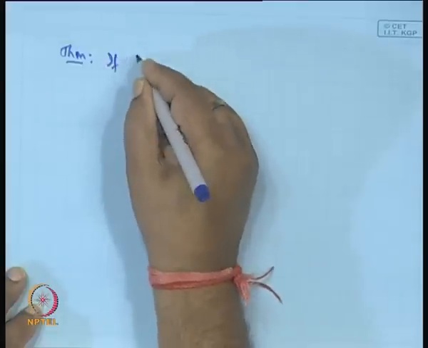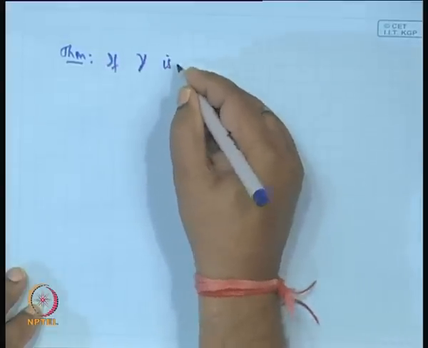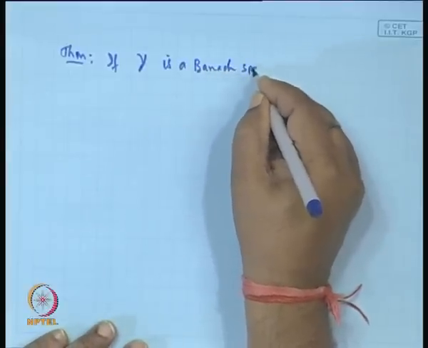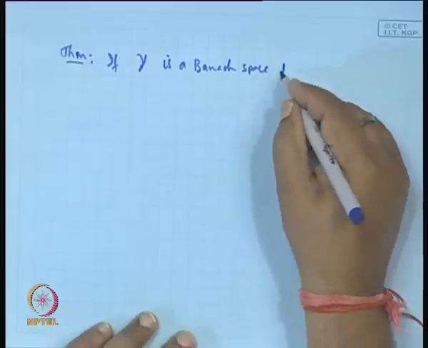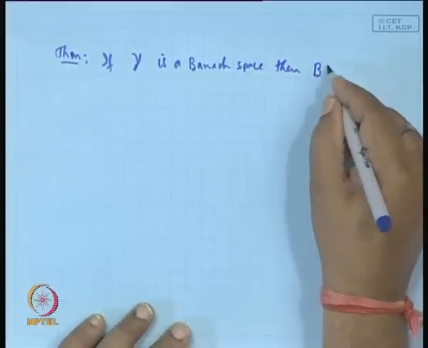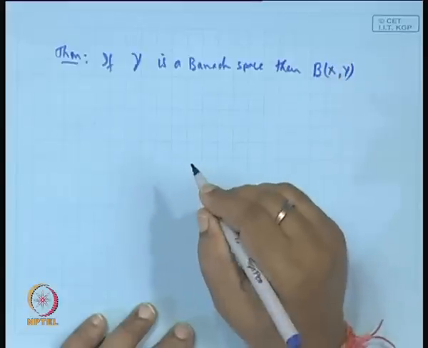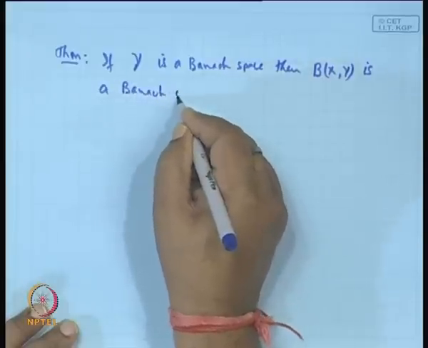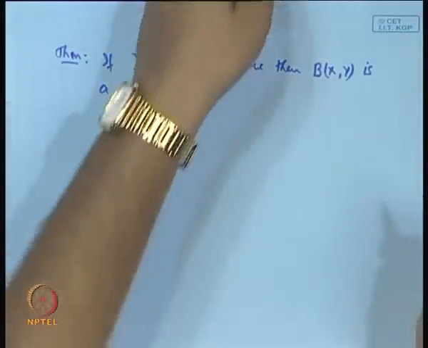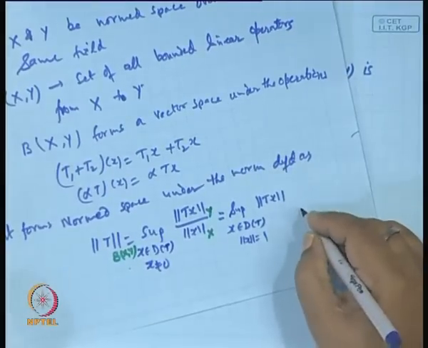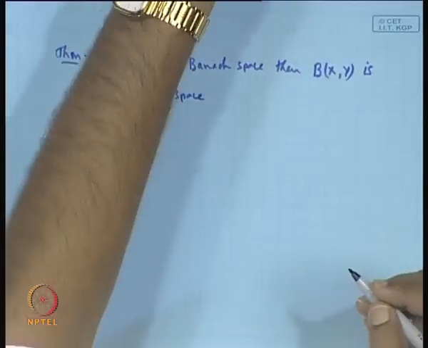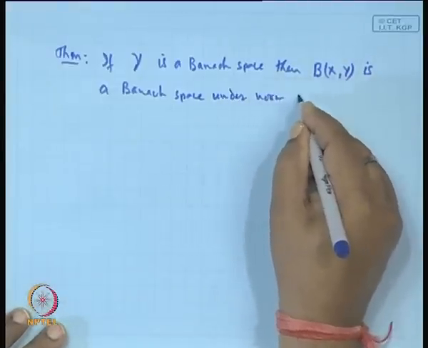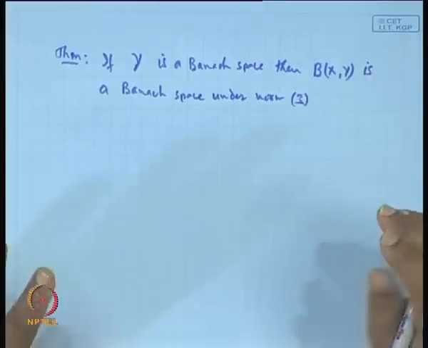So, if capital Y is a Banach space, then the set of bounded linear operators from X to Y is a Banach space under the same norm, under the norm 3.